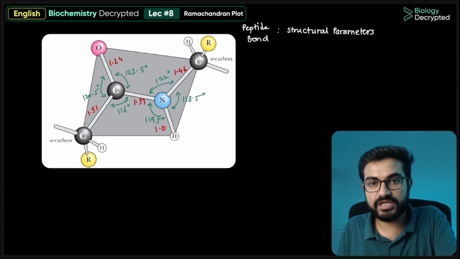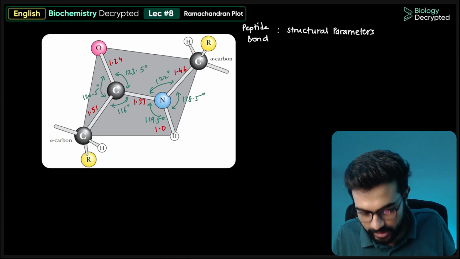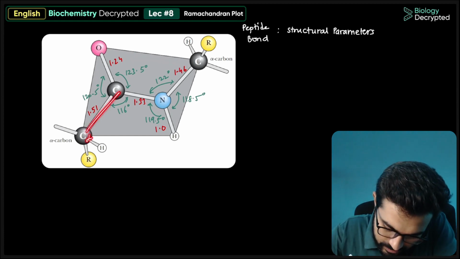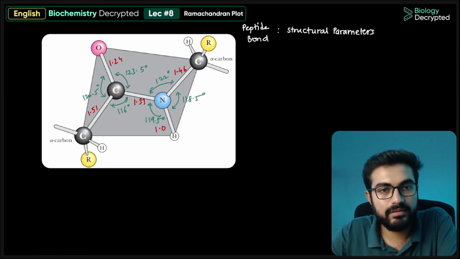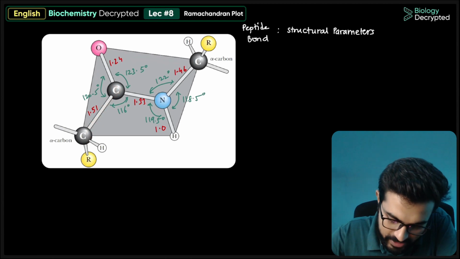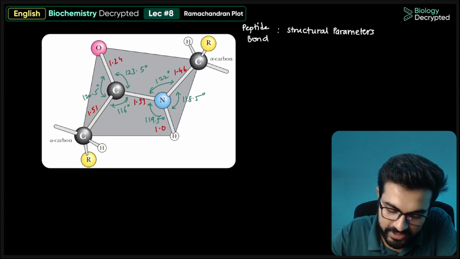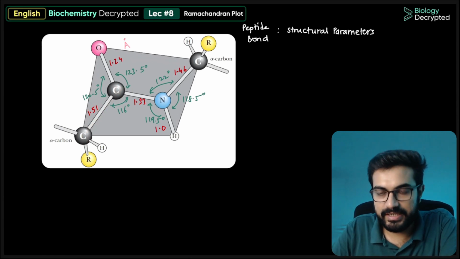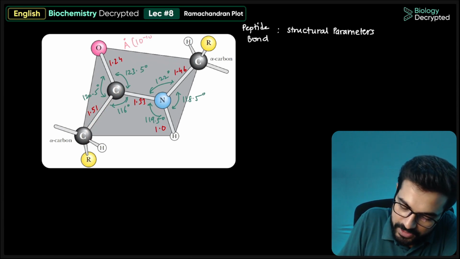If we talk about the structural parameters of the peptide bond, the bond between the alpha carbon and the carbonyl carbon has a length of 1.51 angstrom. The units here are angstroms, and 1 angstrom is equal to 10 to the power minus 10 meters.